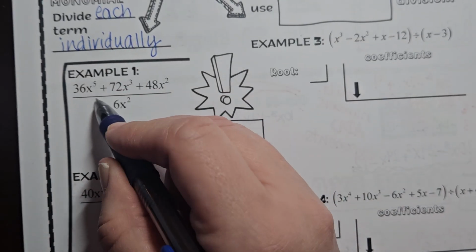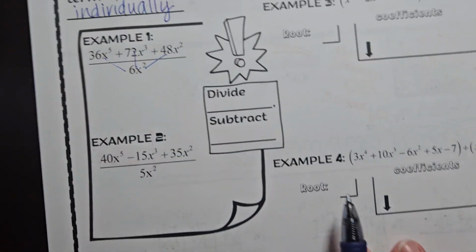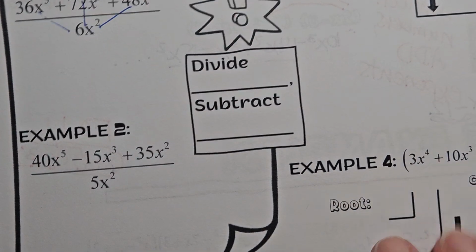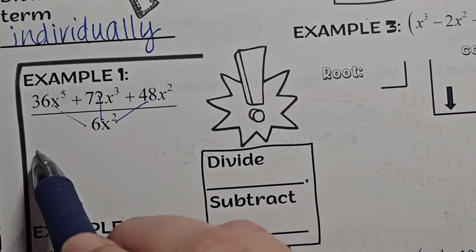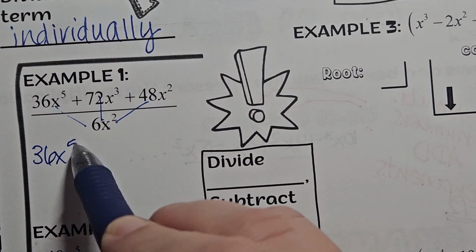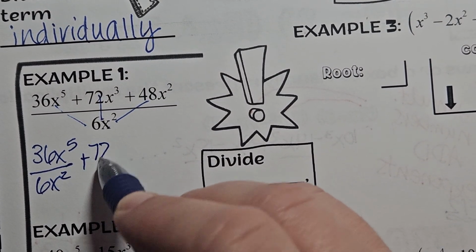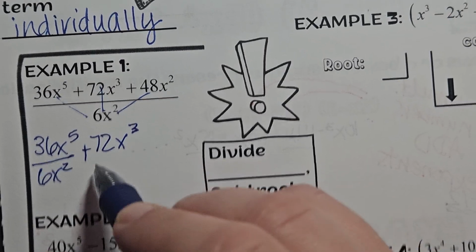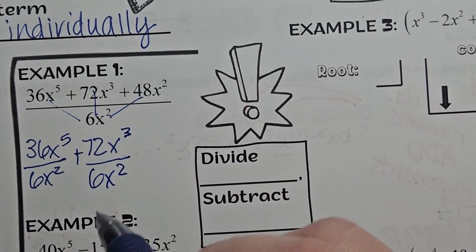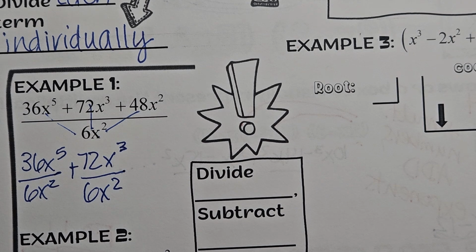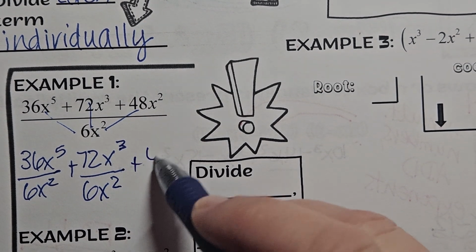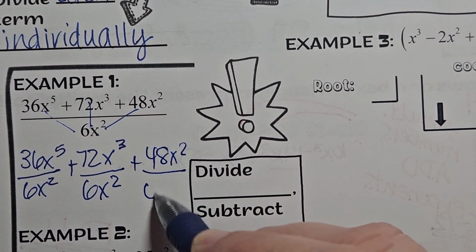So basically just split this into three separate fractions. We're going to take 36x to the fifth and divide that by 6x squared. Then we'll repeat for 72x cubed divided by 6x squared, and then 48x squared divided by 6x squared.